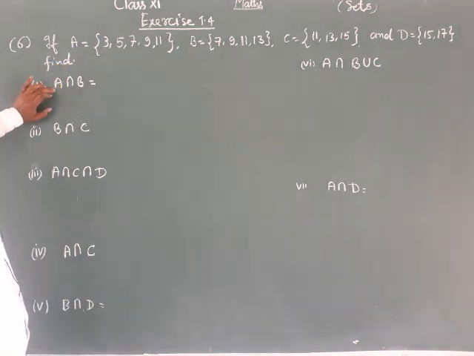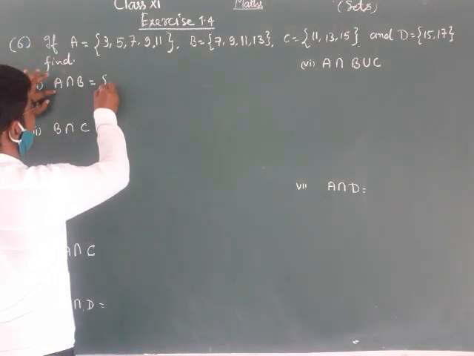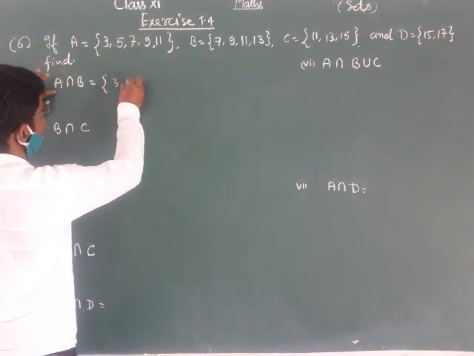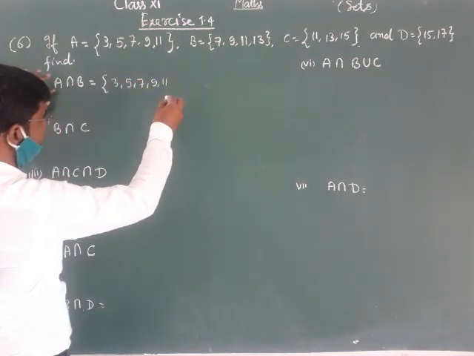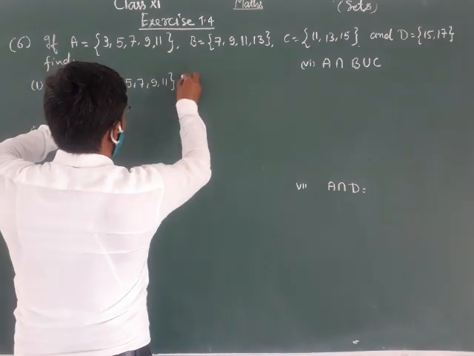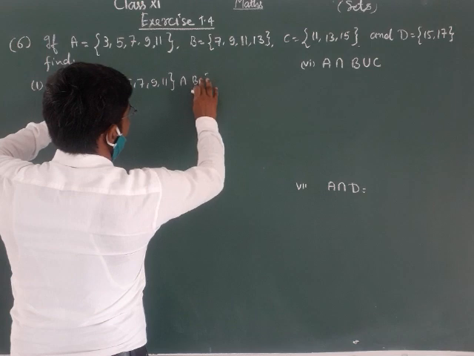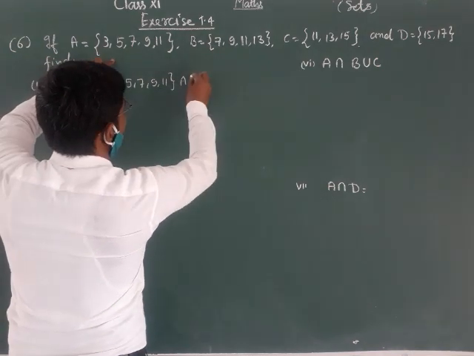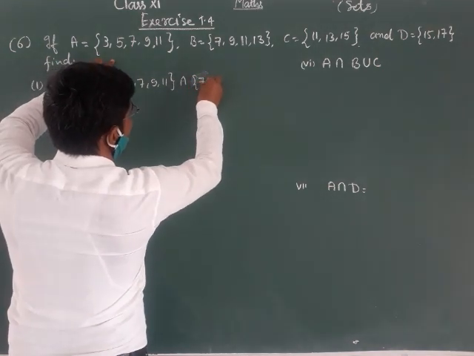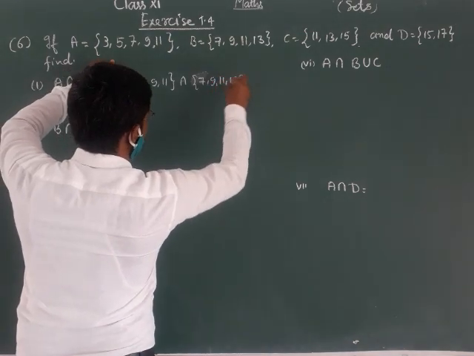Given set A is {3, 5, 7, 9, 11} and intersection B is {7, 9, 11, 13}.